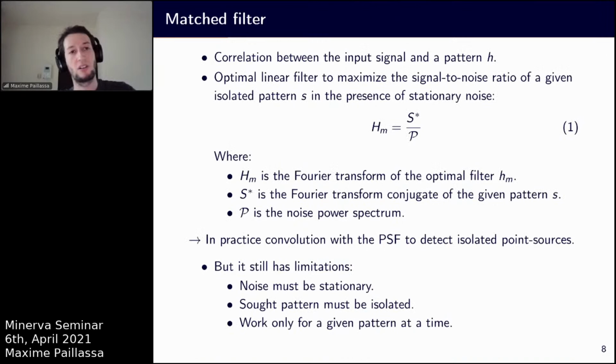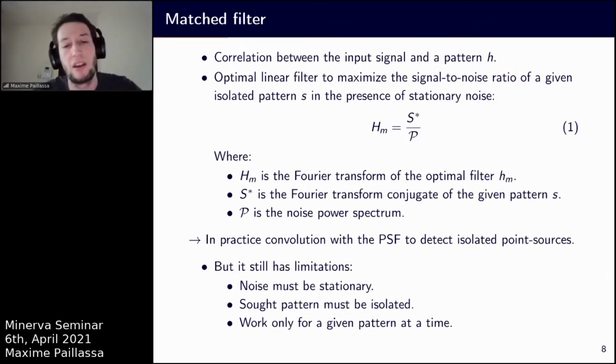So as I said, the core of the source detection is a match filter, which consists of correlating the input signal with some pattern, some template. It is known as the optimal linear filter to maximize the signal-to-noise ratio of a given isolated pattern in the presence of stationary noise. And in practice, it will be a convolution with the PSF, because we want to detect PSF-like objects.